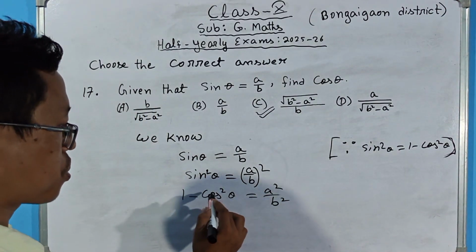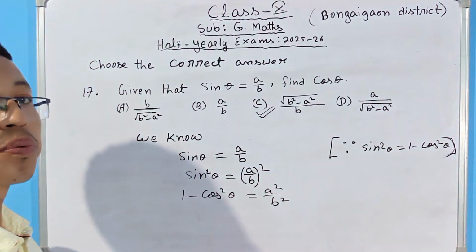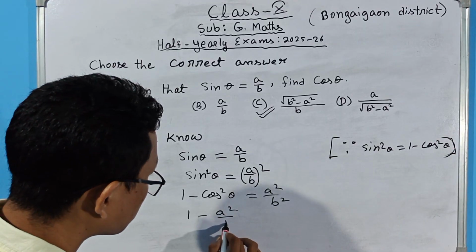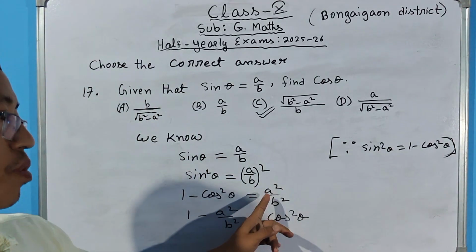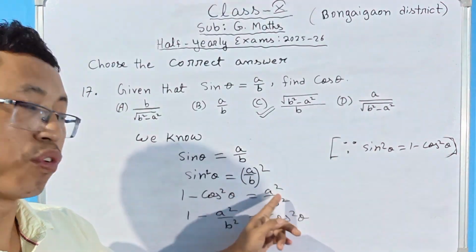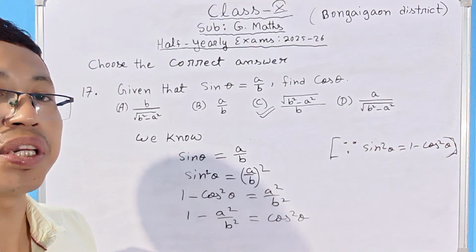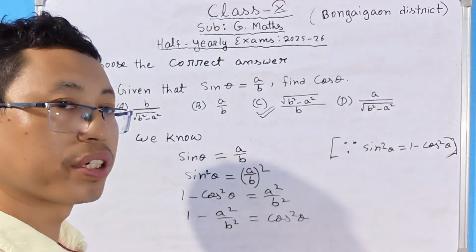Clear? Now just transport cos square theta from left to right, and a square by b square to the left side. The a square by b square, positive, becomes negative, and the cos square theta, which was negative, becomes positive when we transport it from one side to the other.